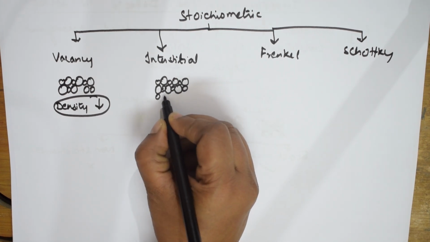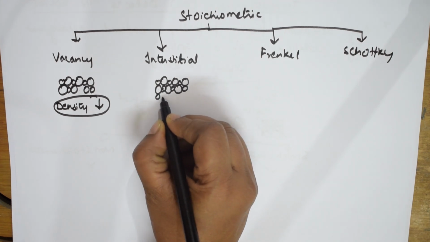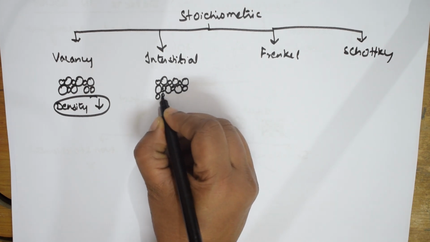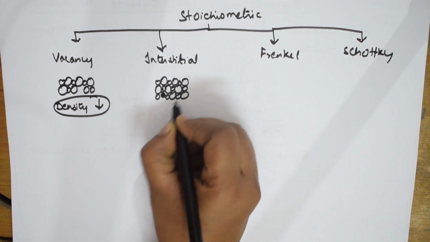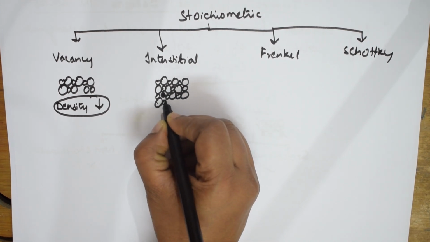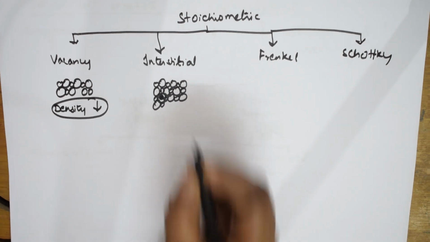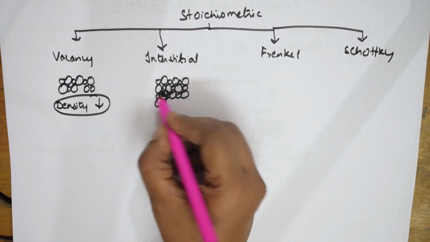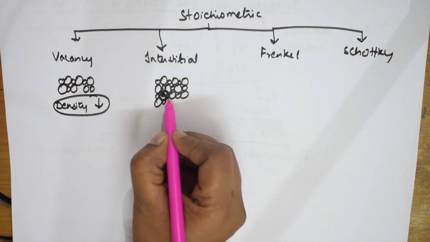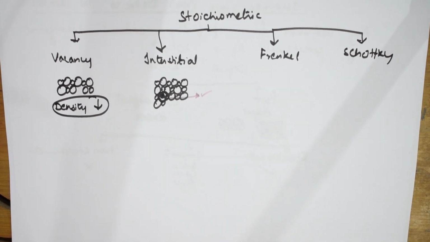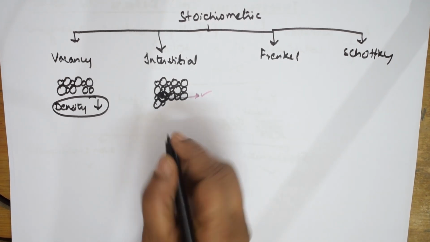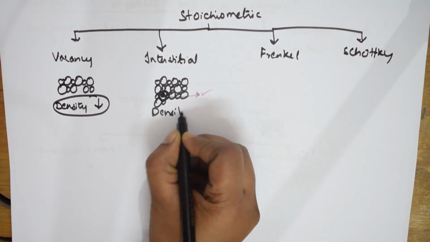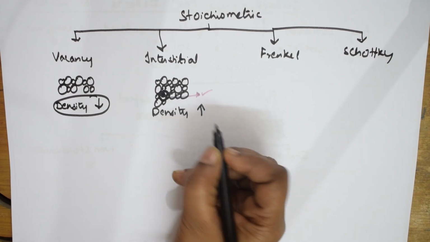One of the ions, smaller and bigger alternating, goes and occupies this interstitial site from its origin point. Then it is called an interstitial defect. Because of this, density increases.